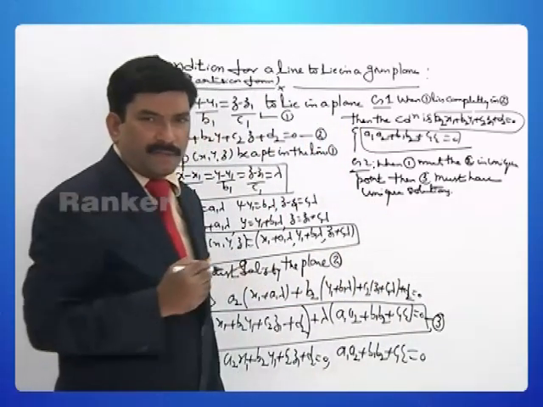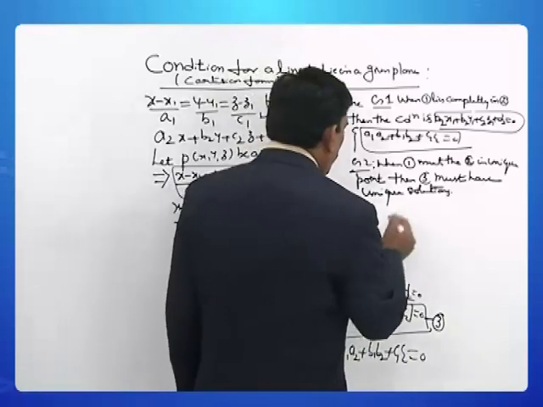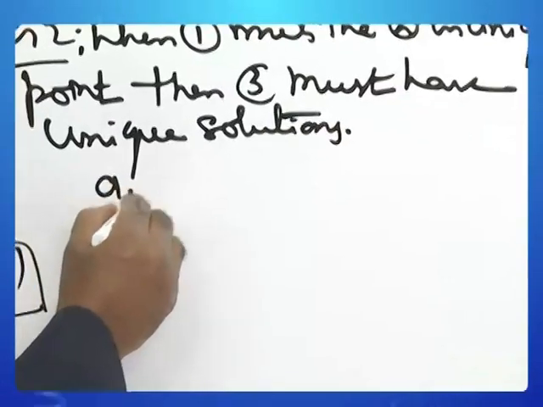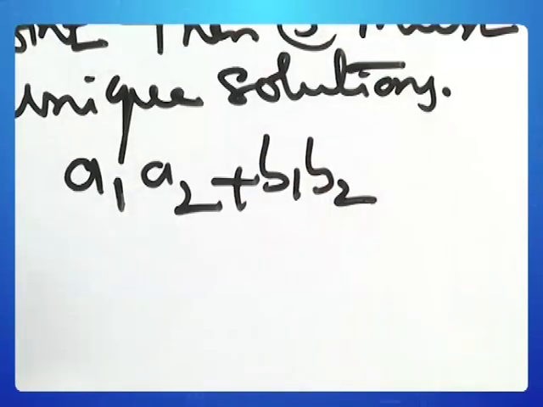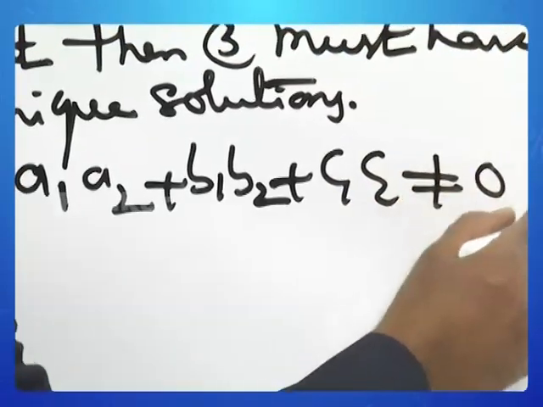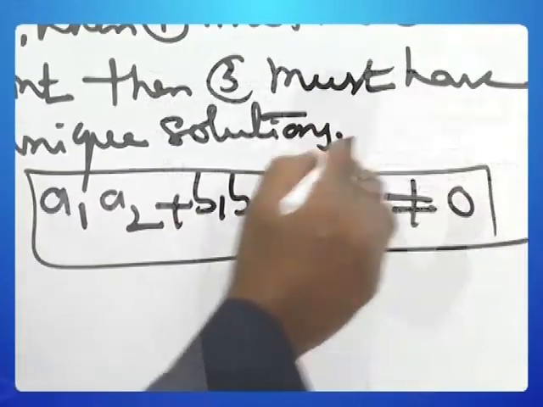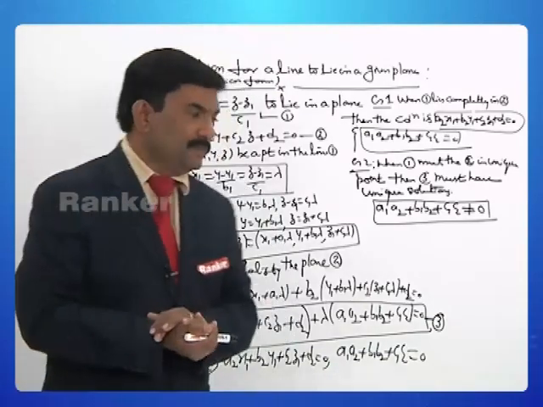Unique solutions, right? Must have unique solutions. So therefore a1a2 plus b1b2 plus c1c2 is not equal to 0.